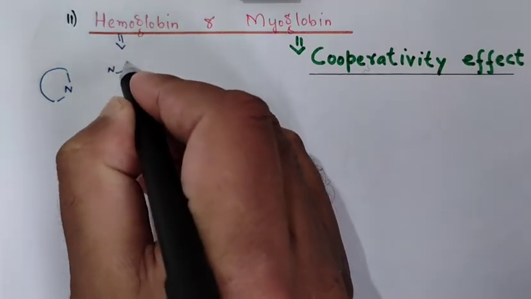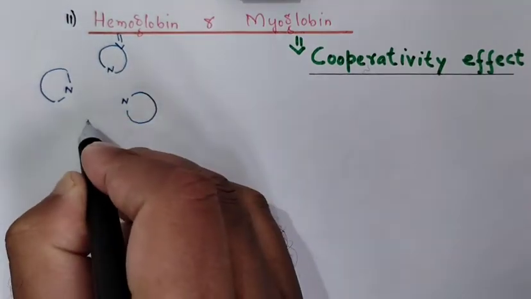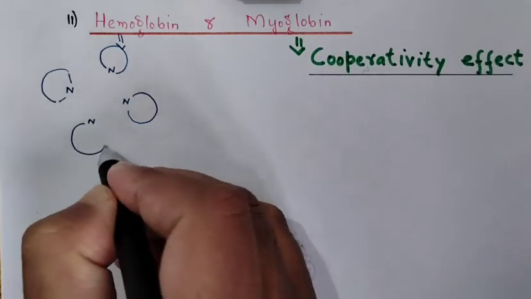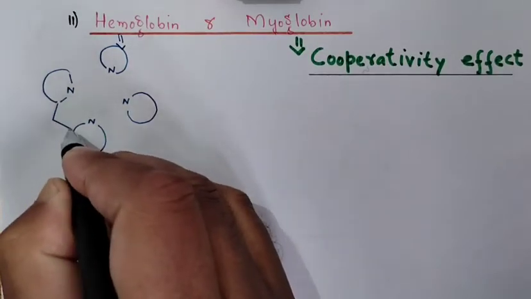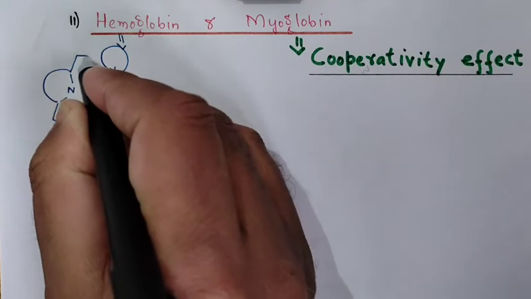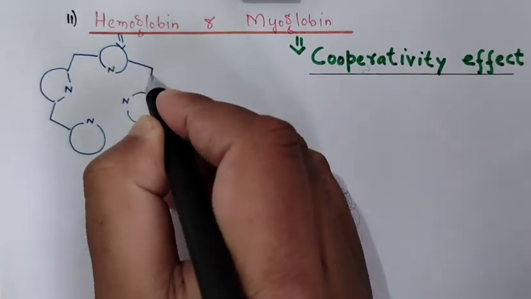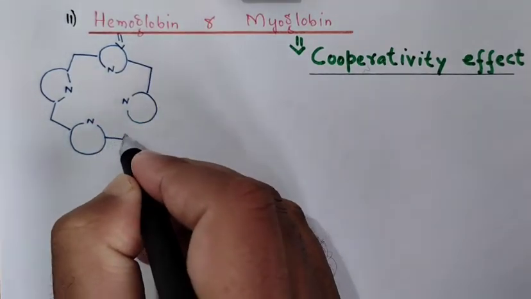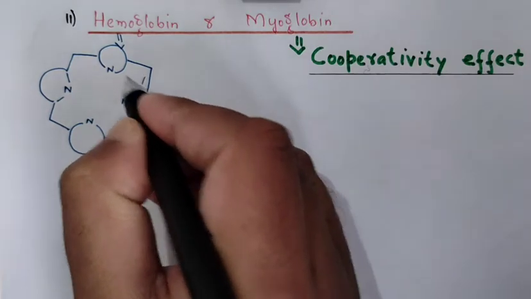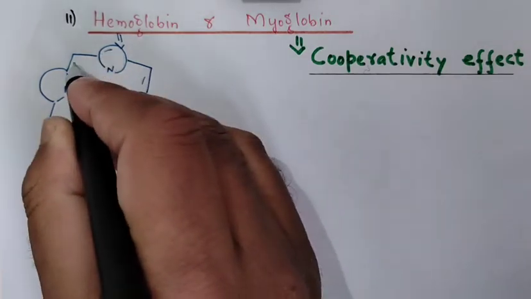They are joined together by methane bridges, and the system is highly conjugated. I will not show the exact structure now, to save time and make it easier. So we have extensive conjugation, let's say something like this.